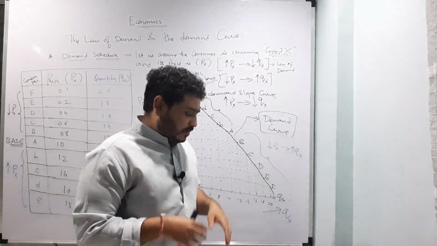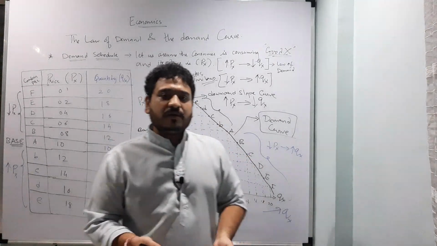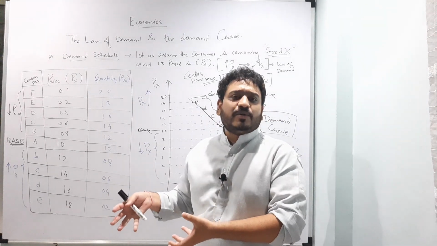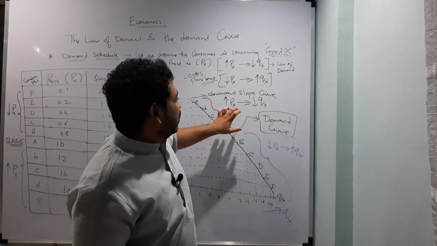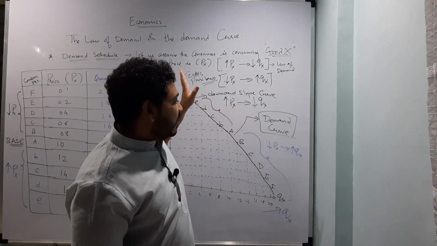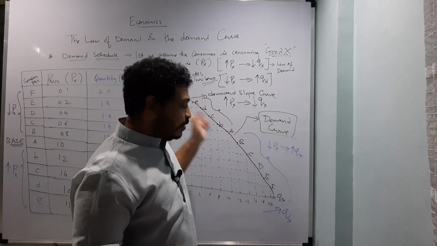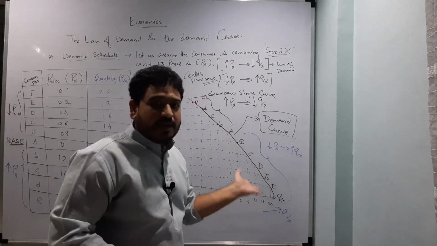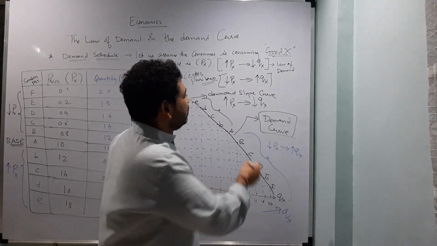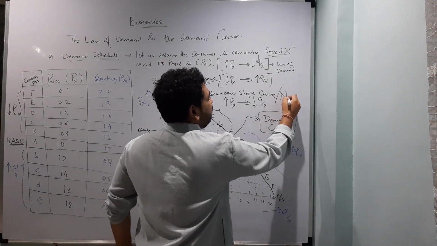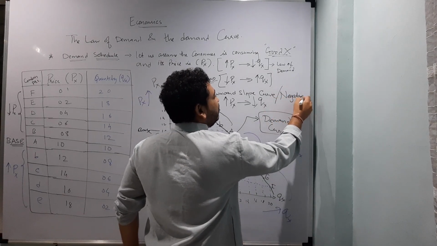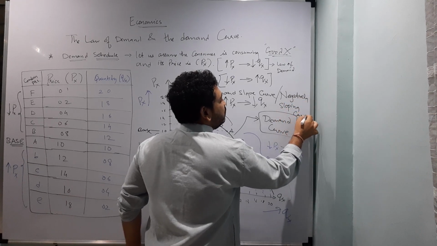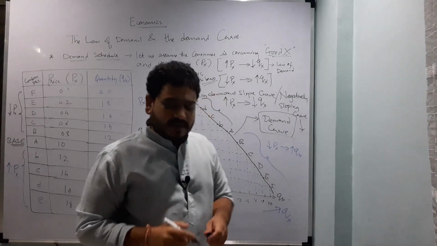I hope you now know what the law of demand is and what a demand schedule looks like, and with the help of that demand schedule we concluded that the demand curve will be a downward sloping line or curve. This is also called a negatively sloping curve. We'll talk about how to calculate slope in the next lectures.